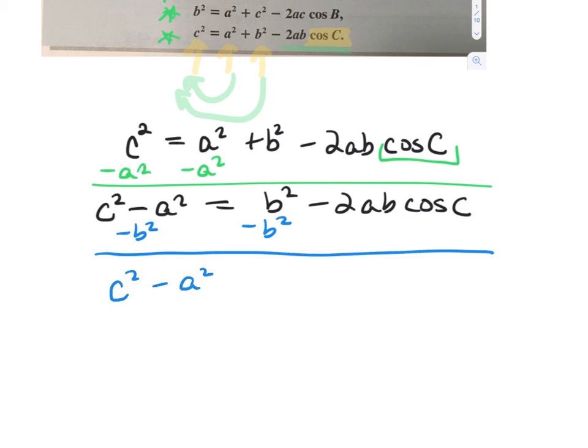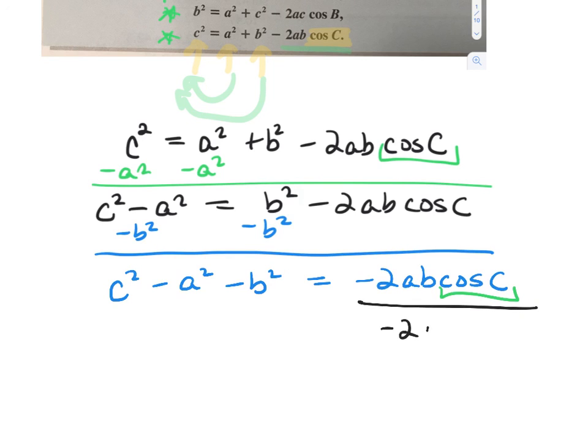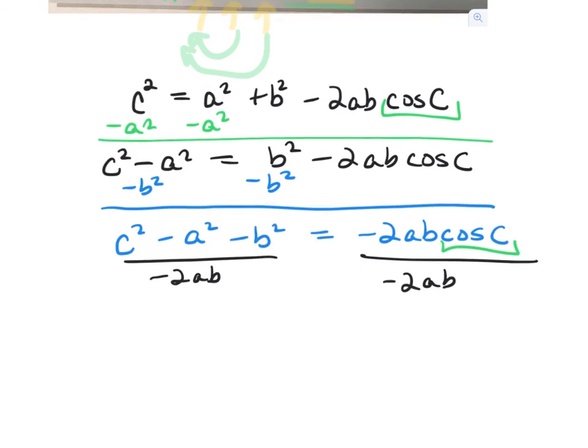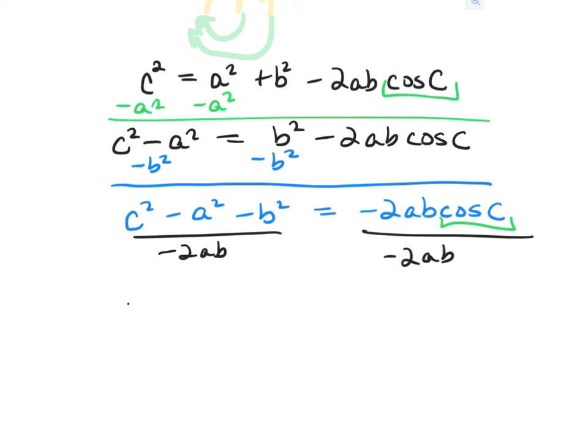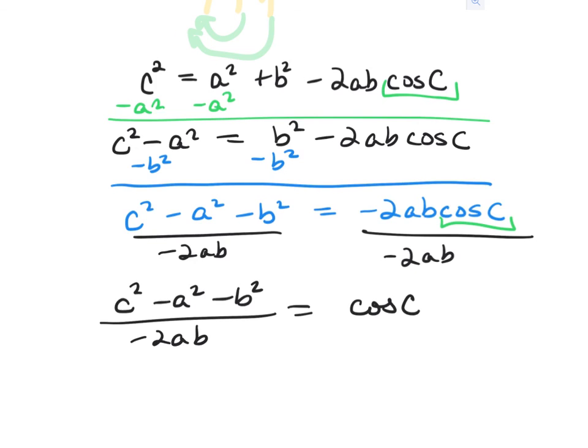Now again, this is optional. You don't need to do this, but it would be beneficial if you already have this done ahead of time. Next, I'm still trying to isolate this, so I'm going to divide both sides by negative 2ab. Then I get c squared minus a squared minus b squared over negative 2 times a times b equals cosine c.